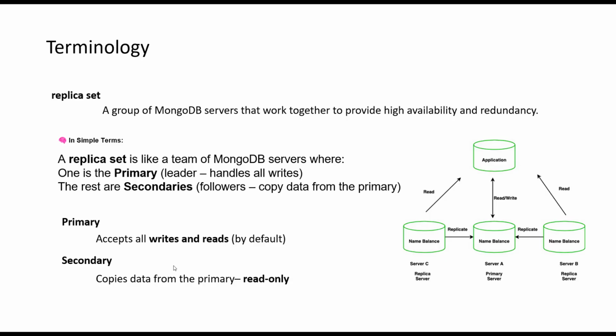These secondaries copy data from the primary one. The primary accepts all writes and reads, but the secondaries copy data from the primary and they are read-only.